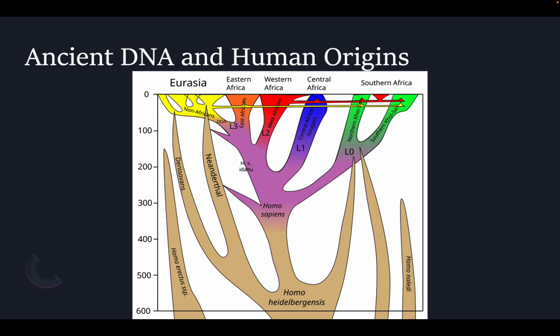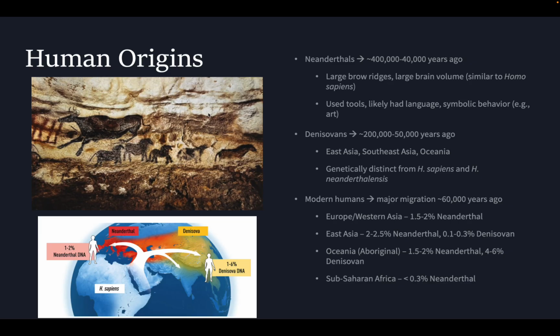Well, we know that by looking at the DNA, which is what this whole class is about. So where did these ancient humans live? Neanderthals were thought to evolve about 400,000 years ago and went extinct approximately 40,000 years ago.